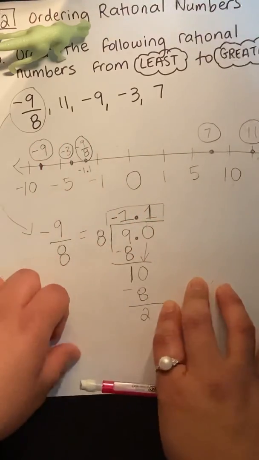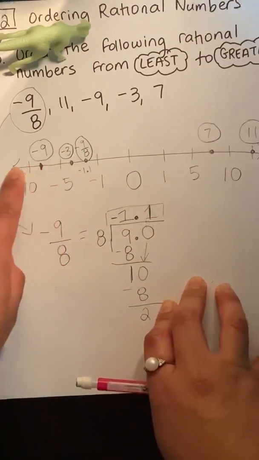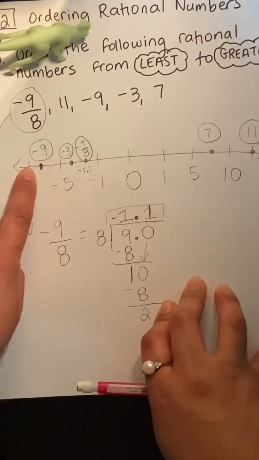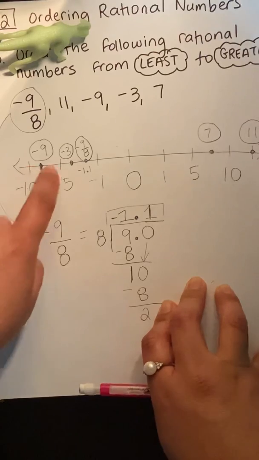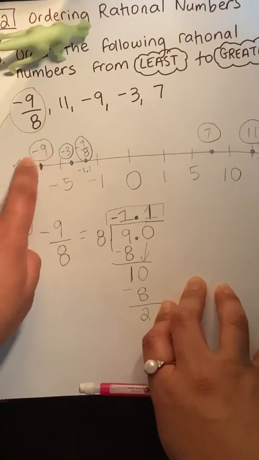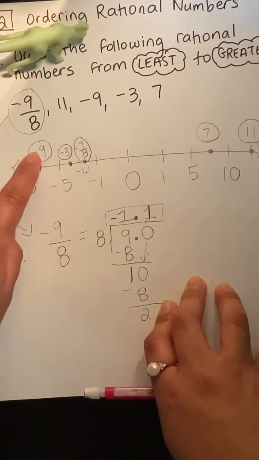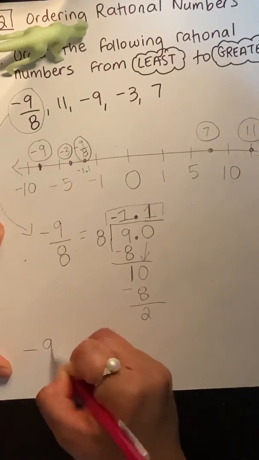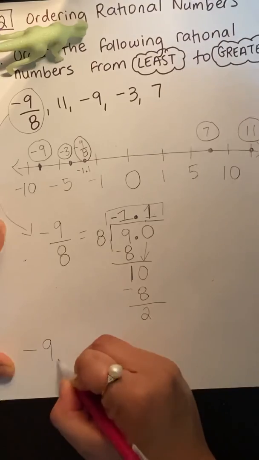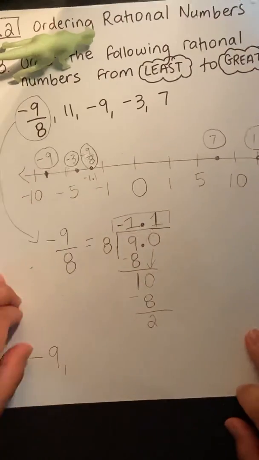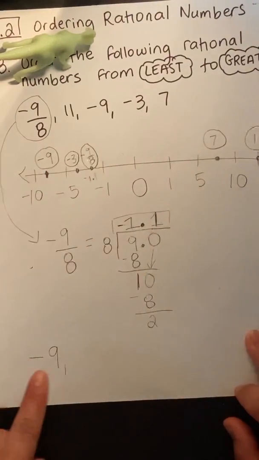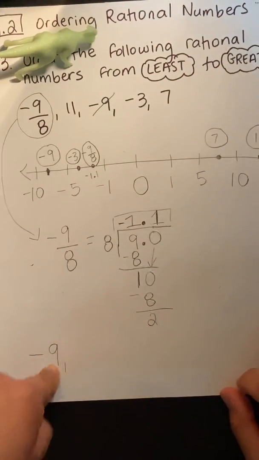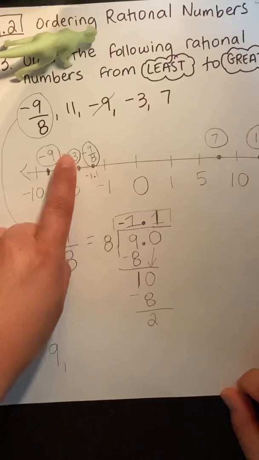And remember, the further to the left of 0, the farther away from 0 a negative number is, the smaller the value. So I am going to go ahead and start with negative 9. And to make sure that I include all the numbers in my list, after I write negative 9, I'm going to cross it out.